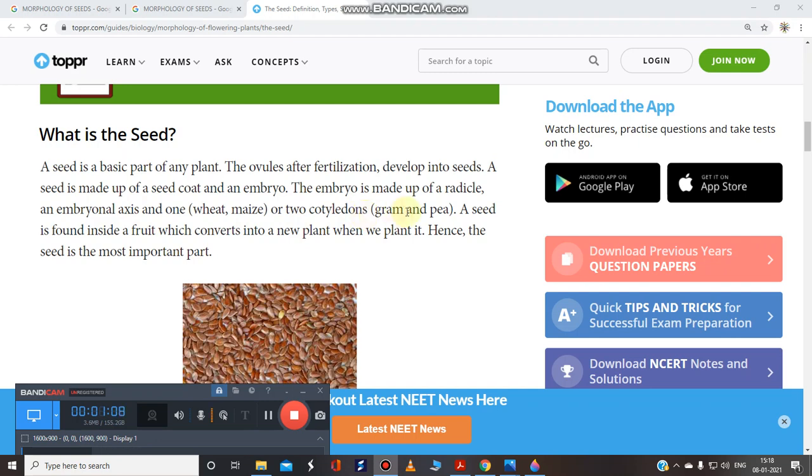In the monocot, one cotyledon is there, and in the dicot, two cotyledons are there. Don't worry, we will cover this by seeing photographs also. So I am repeating again, seed is the basic part. Ovules after fertilization develop into seeds. A seed is made up of a seed coat and an embryo.